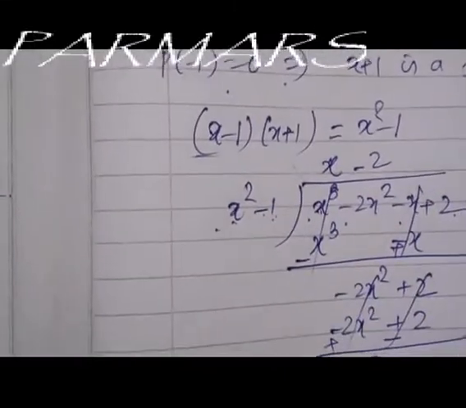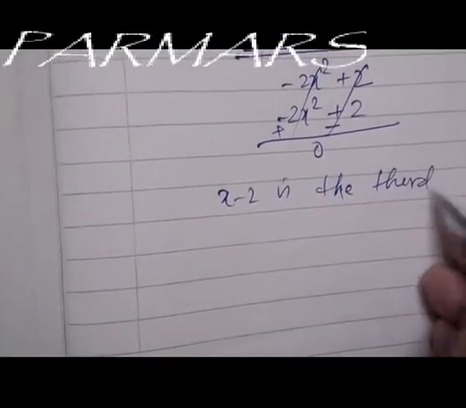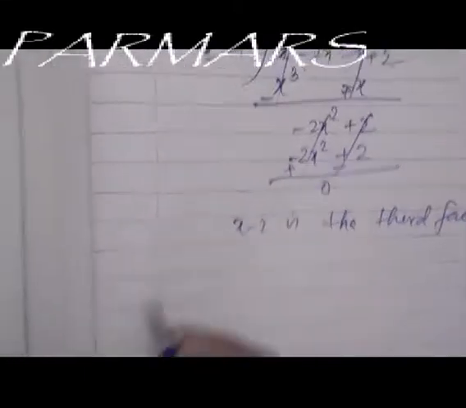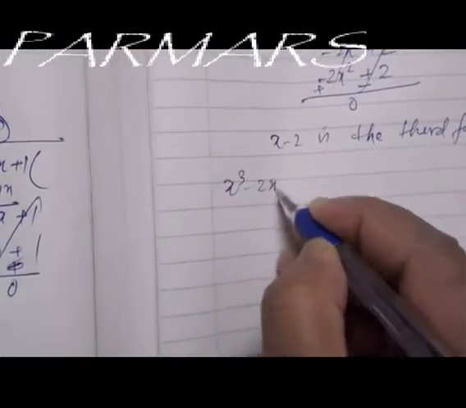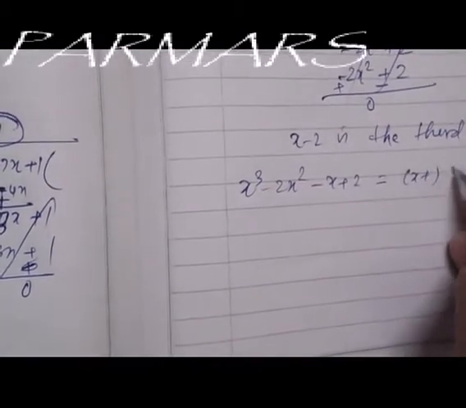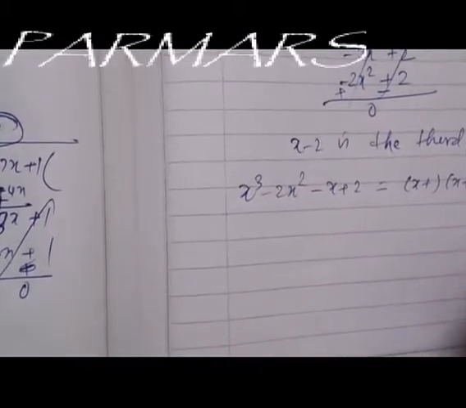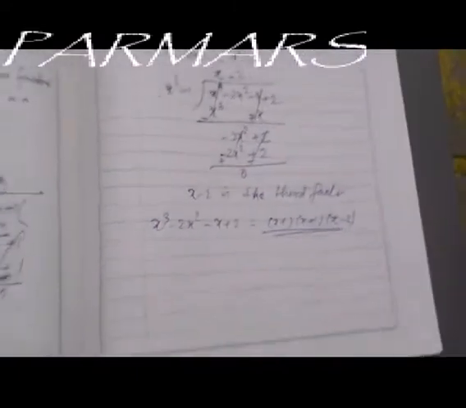X minus 2 is the third factor. So the required factorization of x cube minus 2x square minus x plus 2 is x minus 1, x plus 1 and x minus 2. This is the answer. Clear?